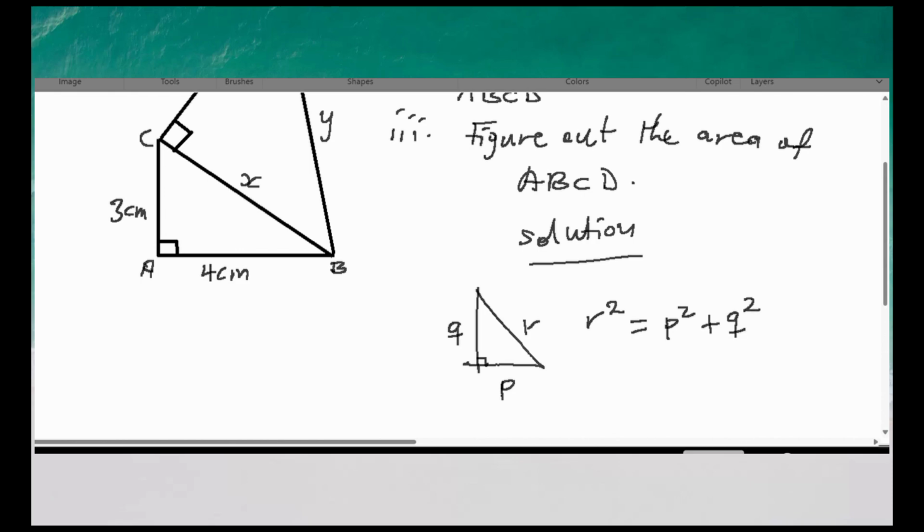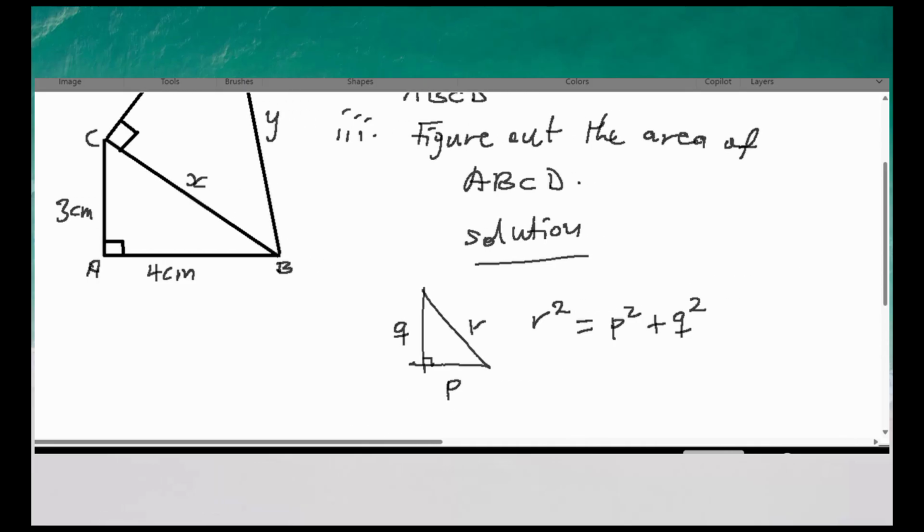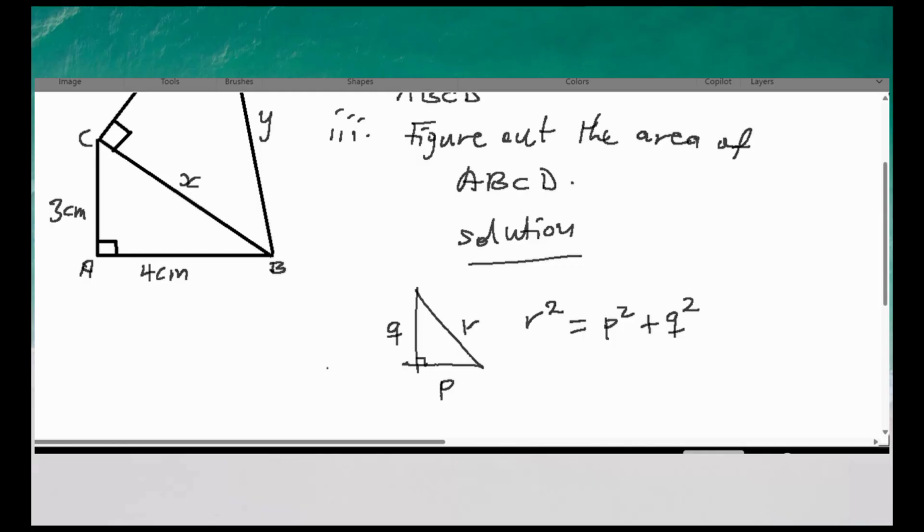And observing the triangle ABC, we can apply that rule. So in applying that, we are going to just do some substitution.